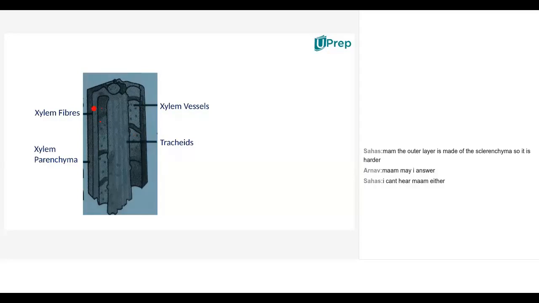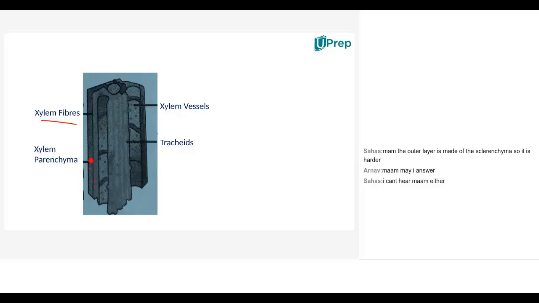Then you have fibers called xylem fibers, the fibers which we explained in sclerenchyma. In sclerenchyma, I told you the fibers are thin elongated structures. They have some economic importance like cotton fibers, jute fibers, hemp fibers. Those are different and xylem fibers are different, because xylem fibers only give support to the xylem tissue.